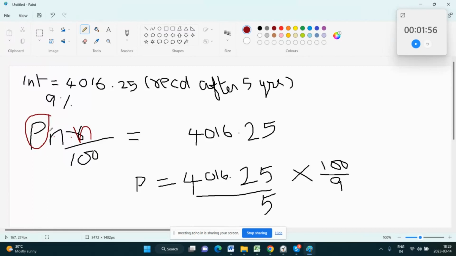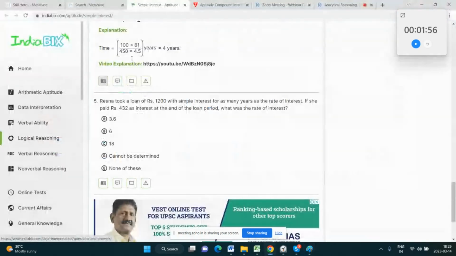P into principal is 1,200 into N into N square by 100, which is equal to 432.